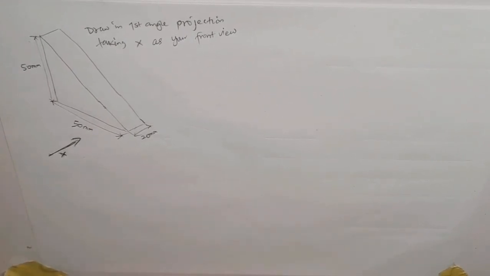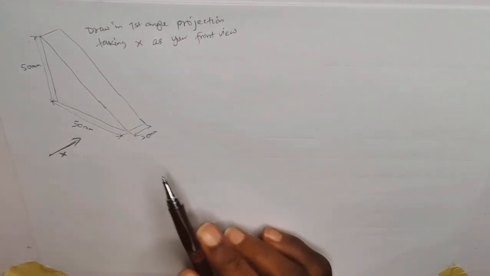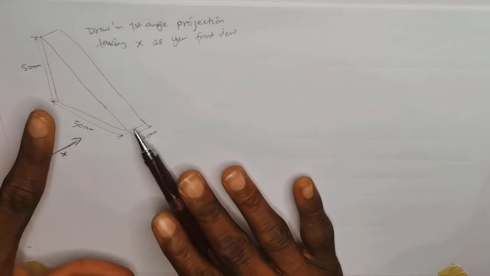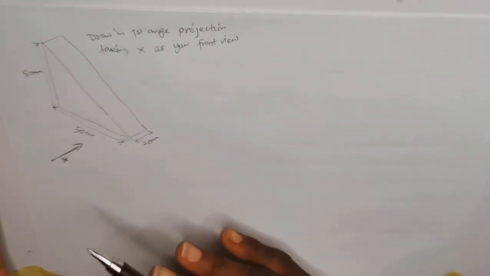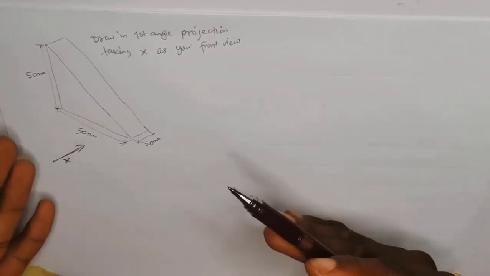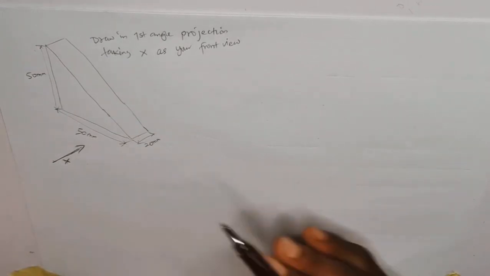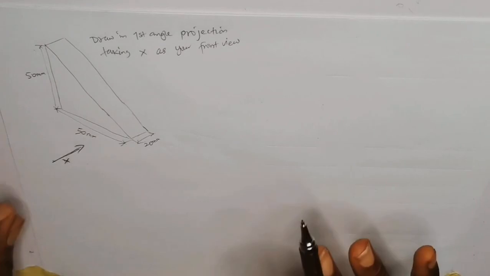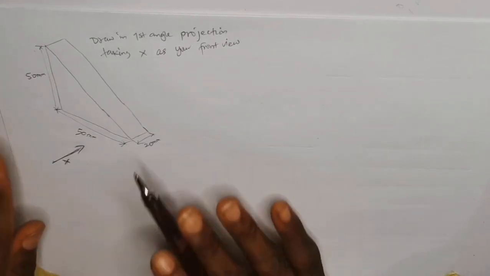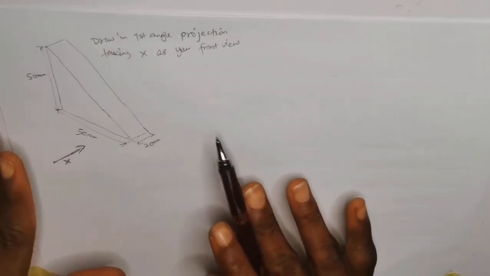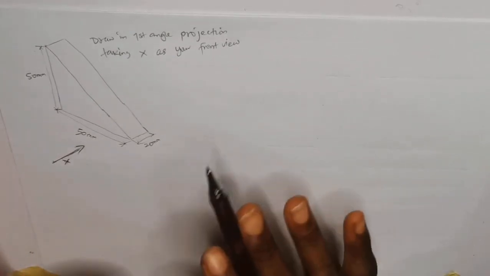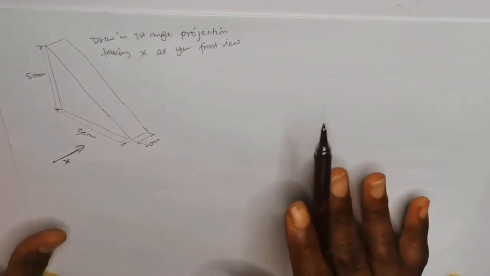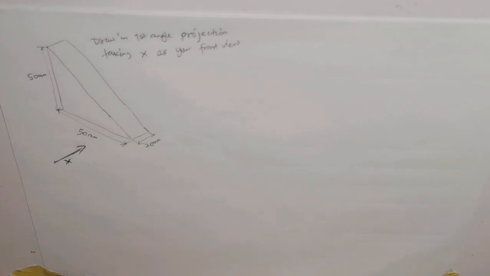Most of the time, we see this image attached to a block or an object. So in this session, I'll be showing you how we can represent this image if it is attached to another object. So now let's dive in quickly.